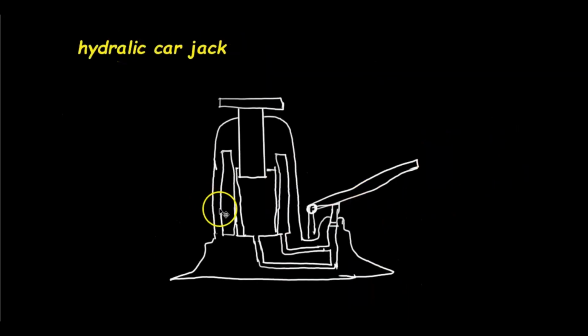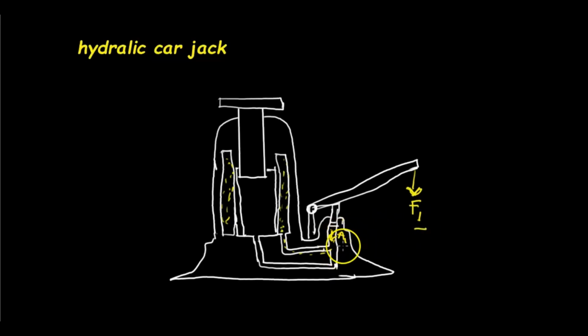Similarly, in a hydraulic car jack, we have fluids that are reserved inside the sides, and this one is the bottle type that we normally use for cars. The reservoirs are here, which are transmitted into this small cylinder. Now when I push down on this handle, with a certain force, F1, it pushes the fluid down here, and the area here is much smaller.